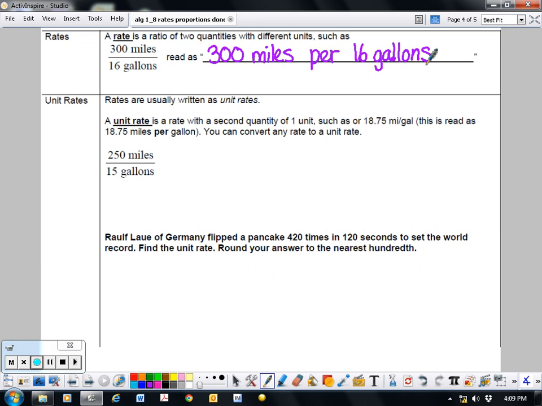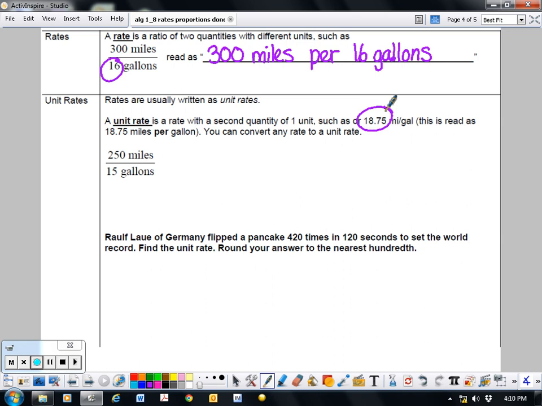Instead of the 300 over 16, we simplify it so you get an actual number. So this bottom number needs to turn into 1. So I would actually divide 300 by 16. And when I divide 300 by 16, I actually get 18.75.